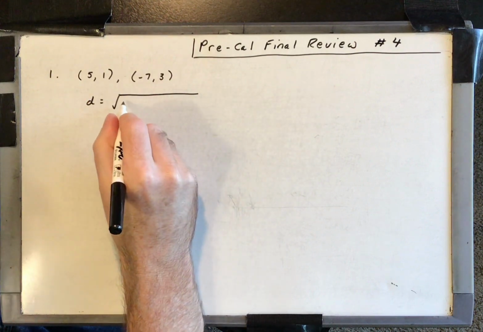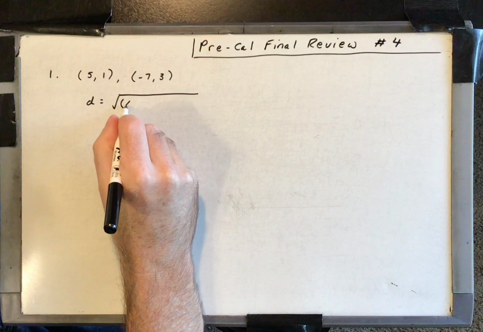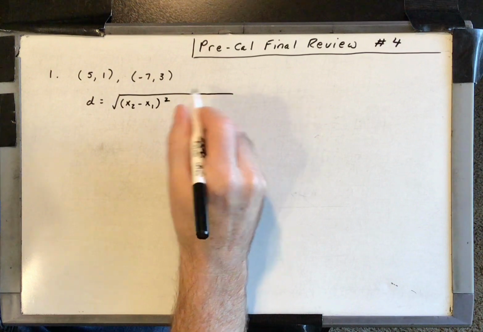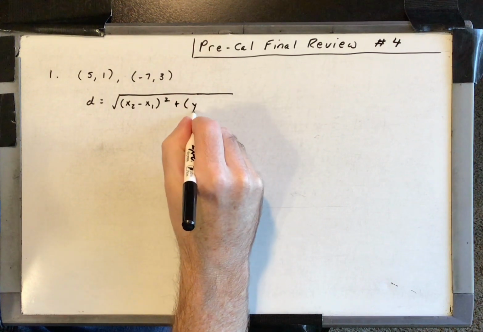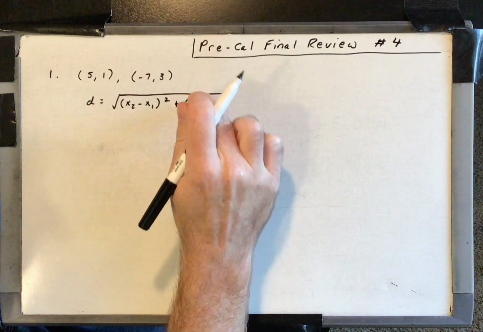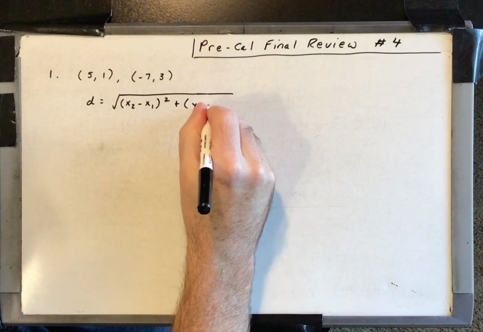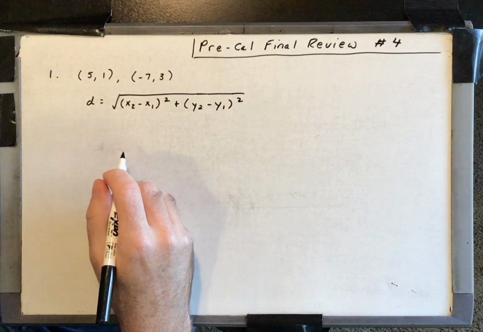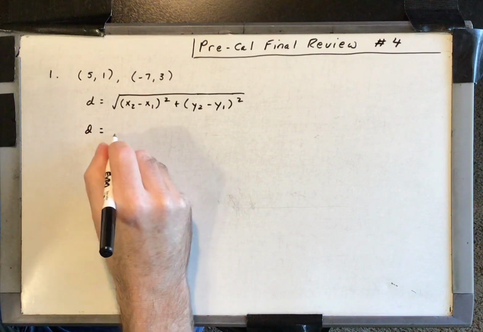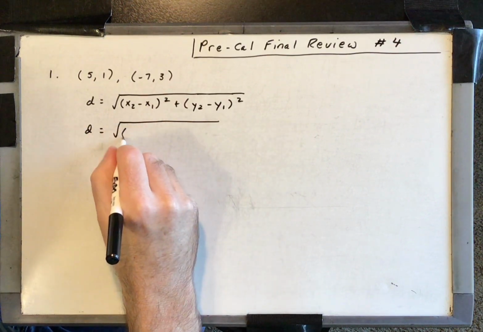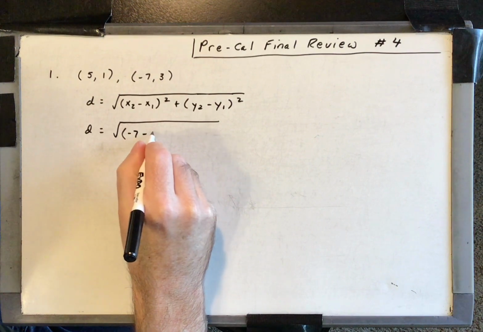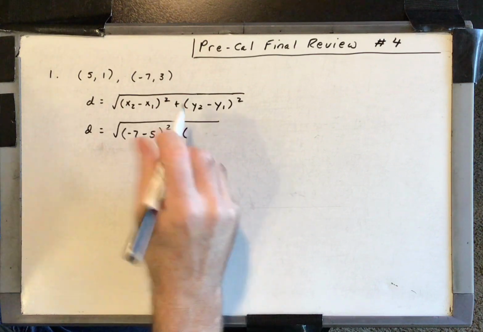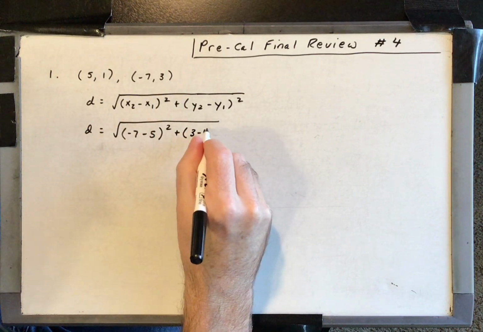So you take the square root of (x2 minus x1) all squared plus (y2 minus y1) all squared. In this case the distance will be the square root of (-7 minus 5) all squared, plus (3 minus 1) all squared.